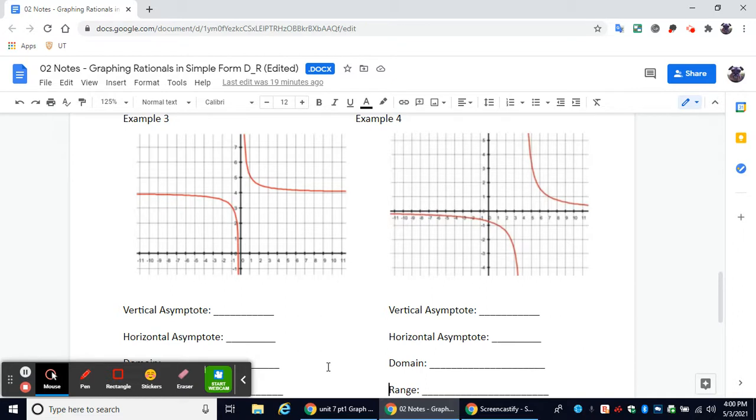Okay, so now given the graph, can we identify vertical and horizontal asymptotes, domain, and range? So taking a look at example number 3 right here, we can see that this graph really doesn't move left or right any. We can say that our vertical asymptote is still at x equals 0. However, it looks like my branches are starting to approach y equals 4.